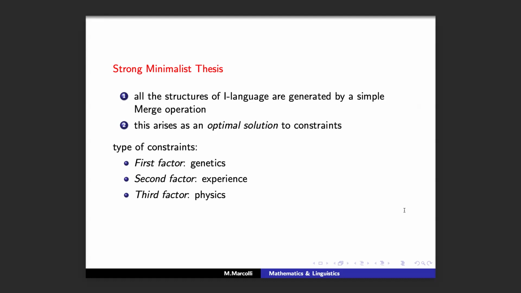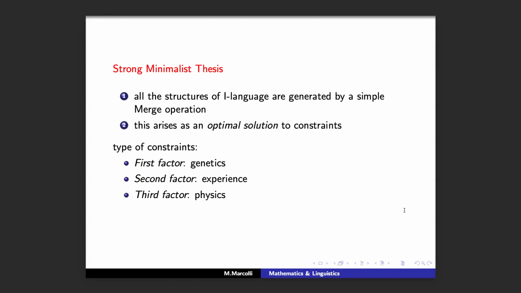One is that all the structures that pertain to I-language, meaning the internal calculator of language, which is prior to differentiation into specific languages with specific different rules, are generated by a single operation, which just goes under the name of merge. The second assumption of this thesis is that this arises as a kind of optimal solution to a set of constraints.